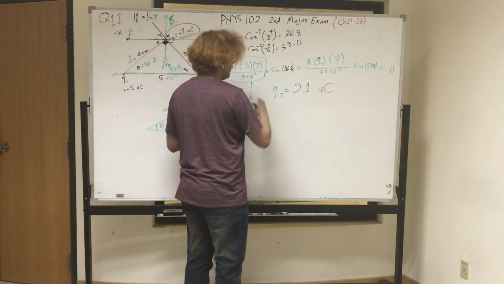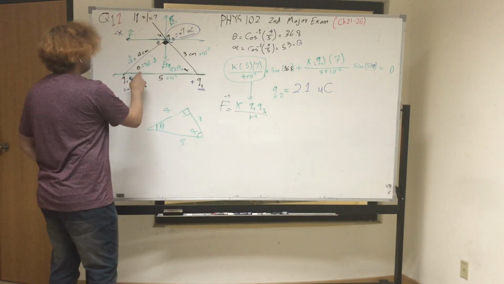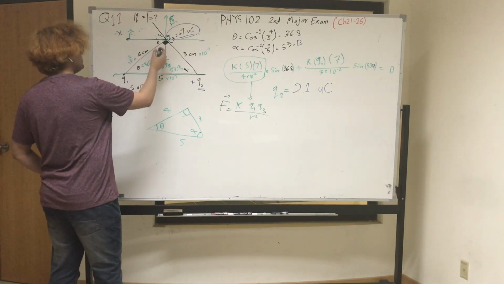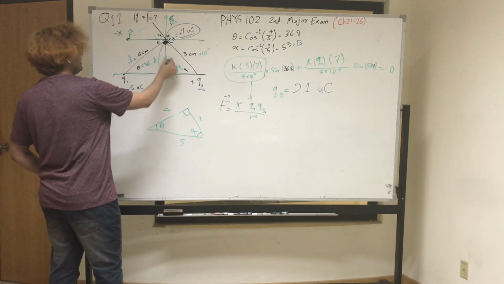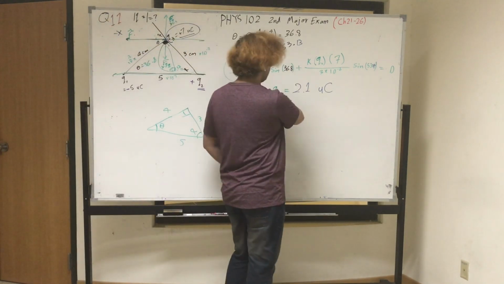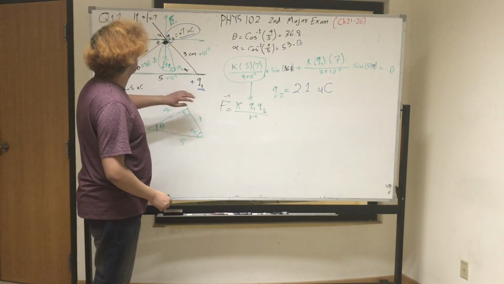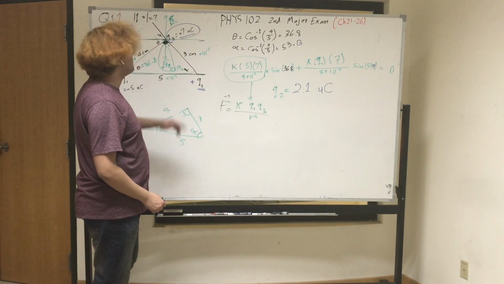We take this force and multiply it by sine of theta, because that gives us the y component. Then we add to that the y component of the force coming from Q2.